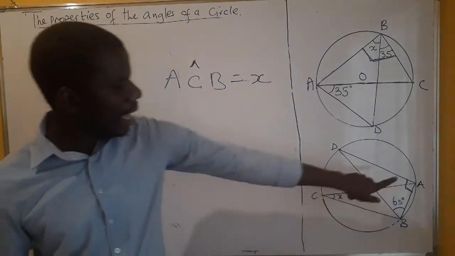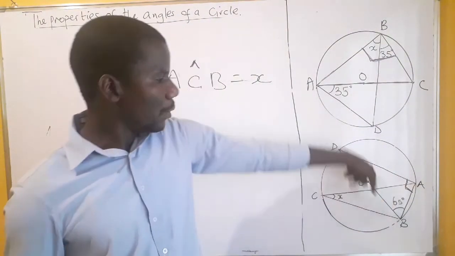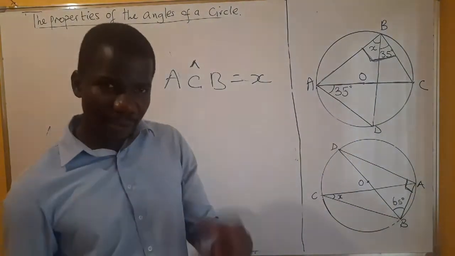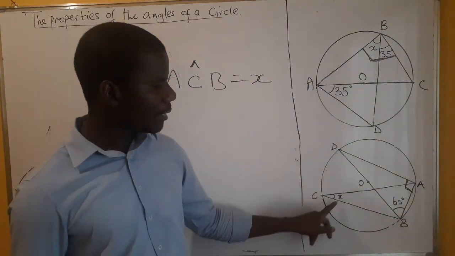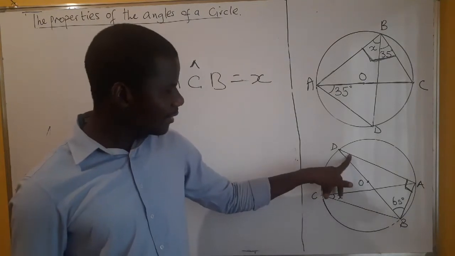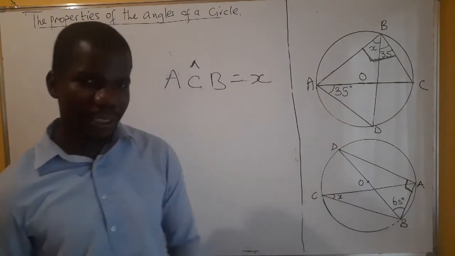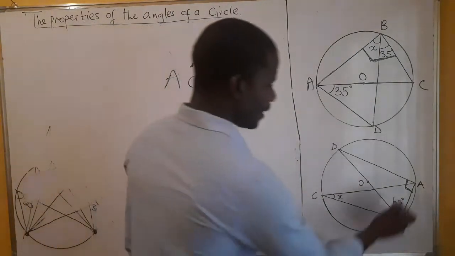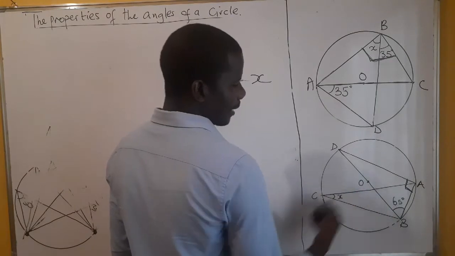So then, if this angle is 90 degrees, we can easily find this one. Because one thing that we know is that this angle and this one, they are equal. Why? They are angles in the same segment. So we need to find this one so that we make a conclusion that this and this one are equal because they are angles in the same segment. So if this is 90, we also know that these two should add up to what? 90.